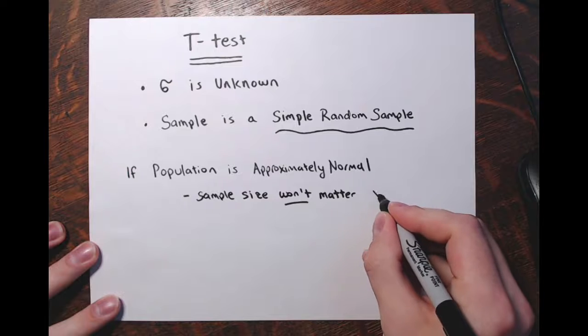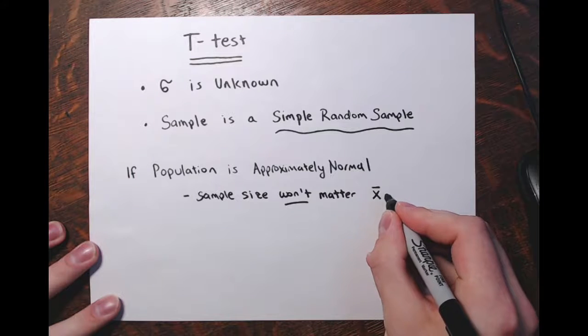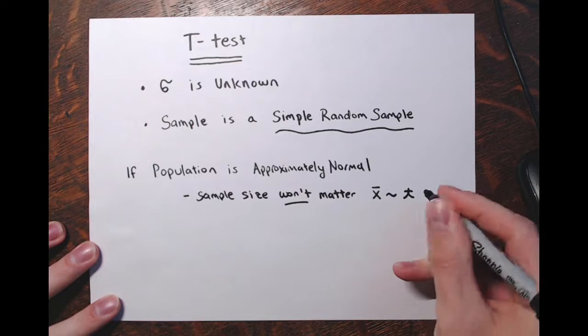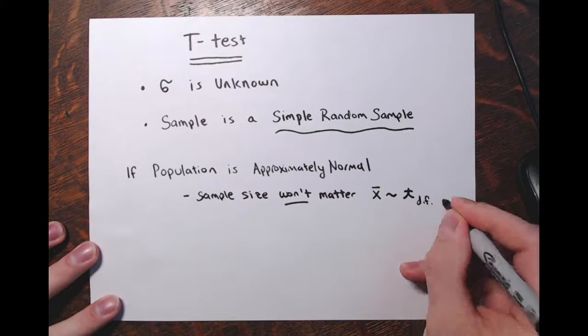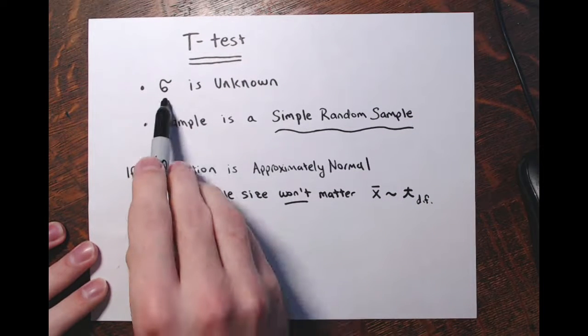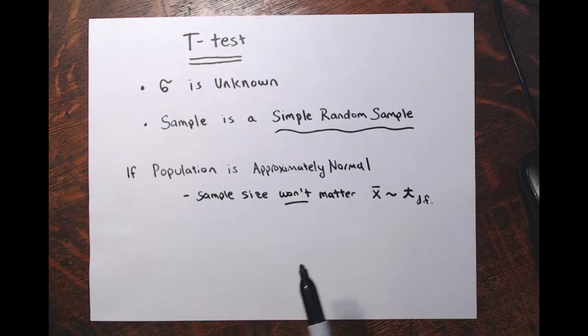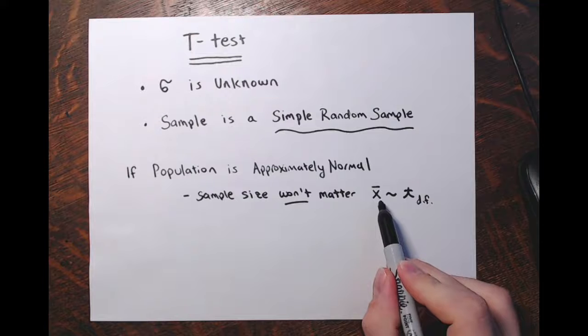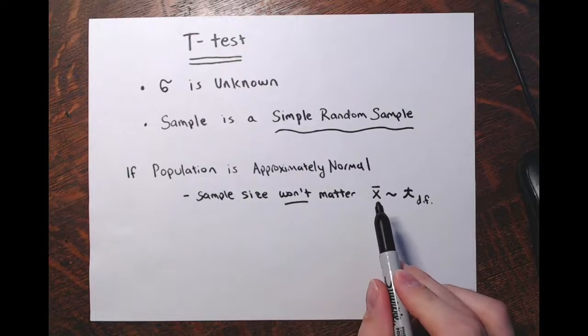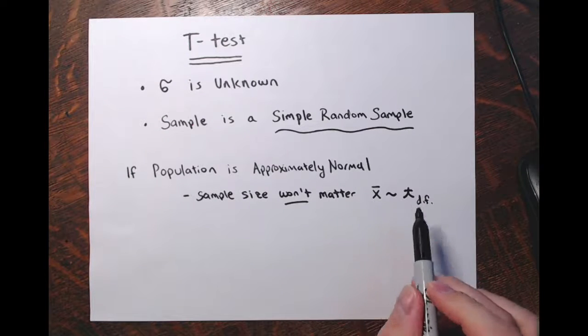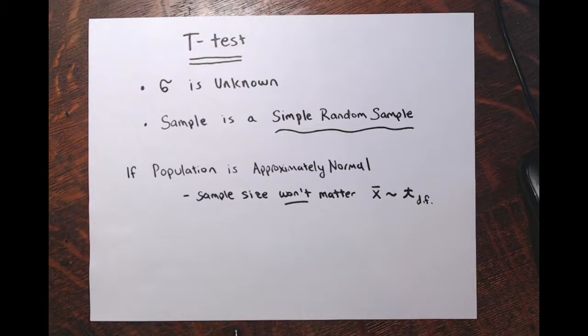The distribution of sample means for that size will be this student's t distribution with so many degrees of freedom. Again, that's because sigma is unknown. By the central limit theorem, the distribution of the sample means for samples of whatever size you took, in this case 19, will be one of these student's t distributions.